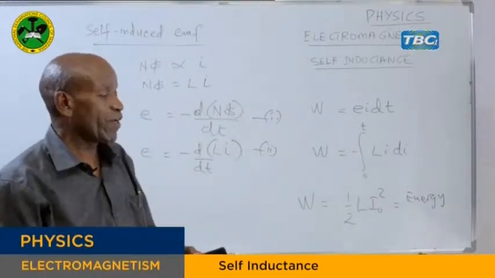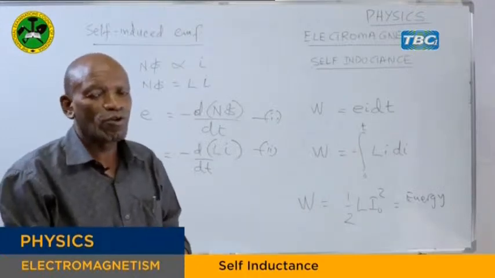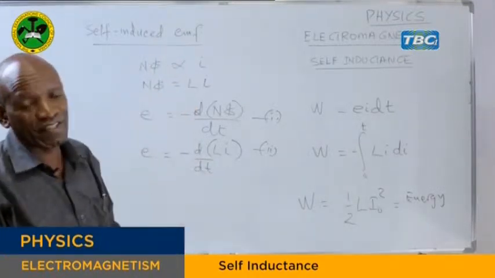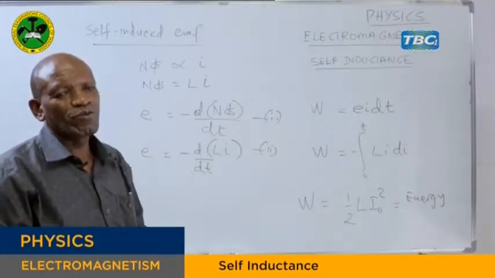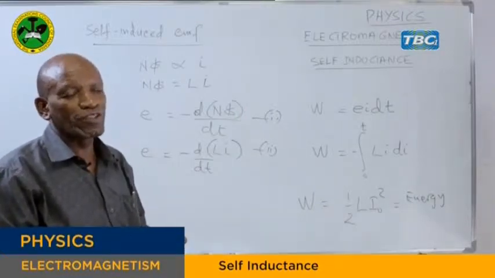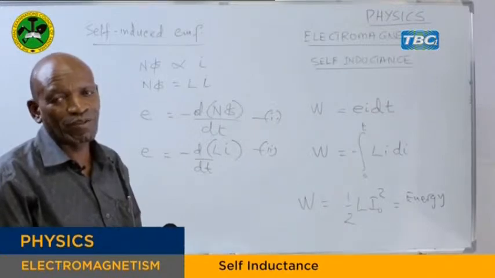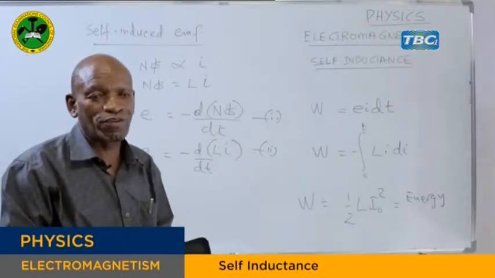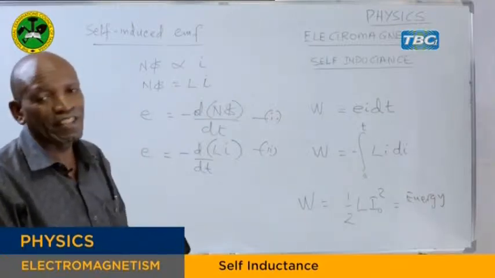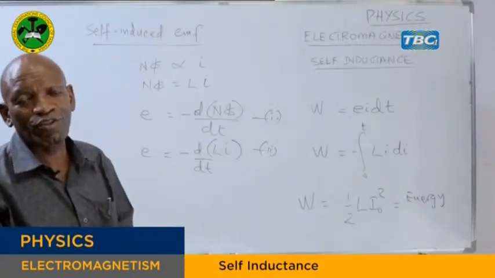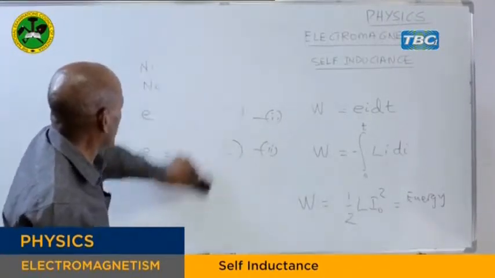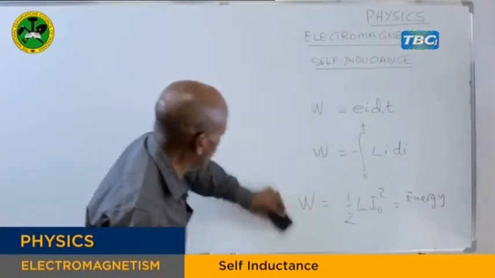But whenever we are talking about the self-induced EMF, we are really talking about an inductor being connected to a resistor, so that we can use an inductor successfully, because an inductor by itself won't be very successful unless it is connected to a resistor, whether in series or in parallel. And that circuit is just like this one, which I'm going to draw for you.